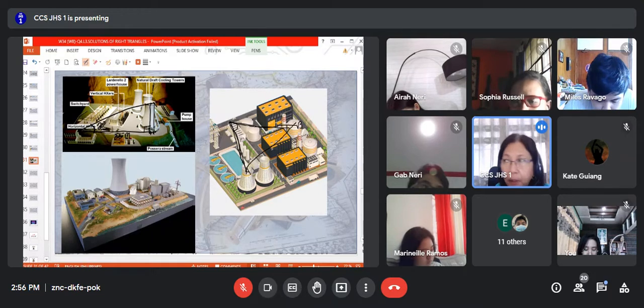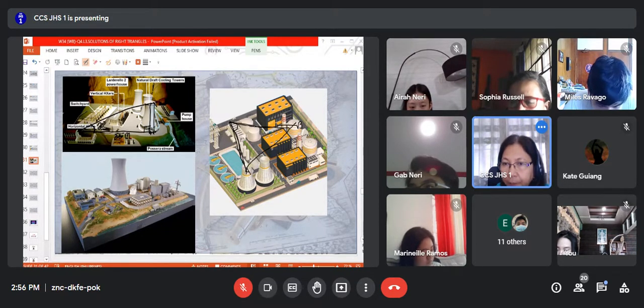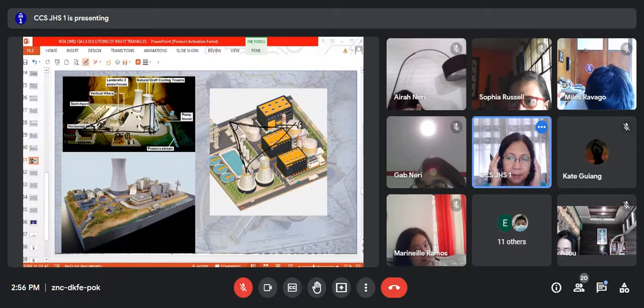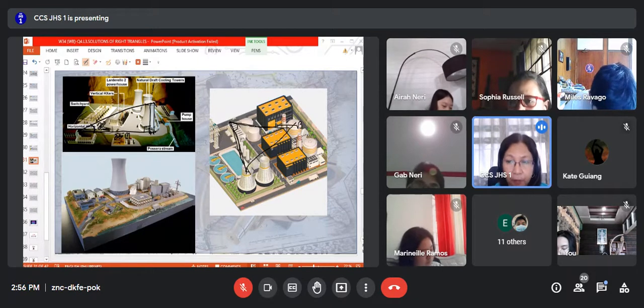So how many days more do you have to work on this diorama? Today is March 22. Submission is April 11. Do you follow? So I will have the PT making on April 6, for the problem solving part.